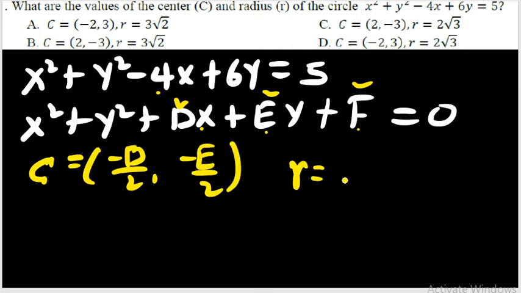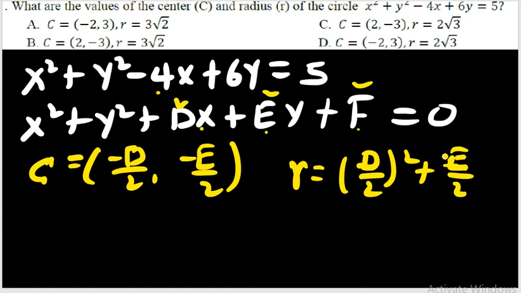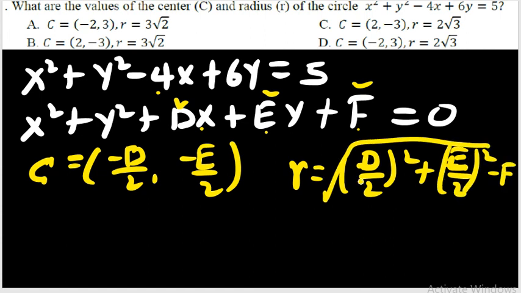And the radius will be the square root of (D/2)² + (E/2)² − F, the whole thing in the square root.